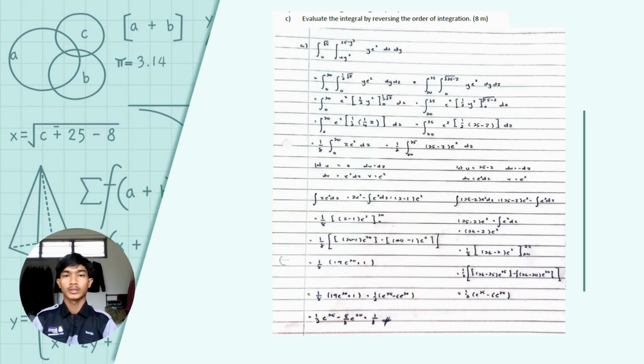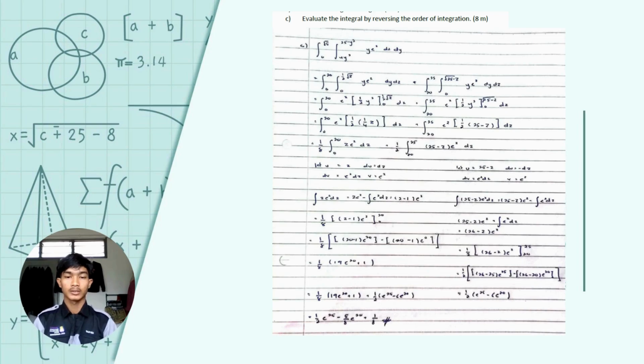And now for the last question, we need to evaluate the integral by reversing the order of integration. To evaluate this integral, the same region is rewritten in terms of z first. From the boundary equations, y can be expressed as a function of z, namely y equals square root of z over 2 from z equals 4y squared, and y equals square root of 25 minus z from z equals 25 minus y squared.